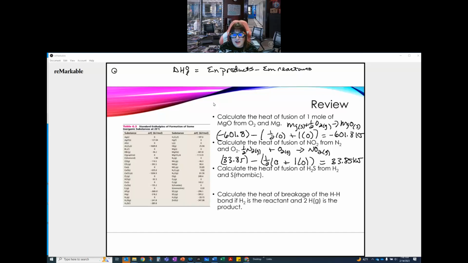Calculate the heat of formation of H2S from H2 and S rhombic. Okay, so we're going to take H2 gas plus S in the rhombic form. And that's going to give me an H2S. And if I'm not mistaken, H2S should be a gas, but let's see what's in here. H2O, H2O, H2O2.